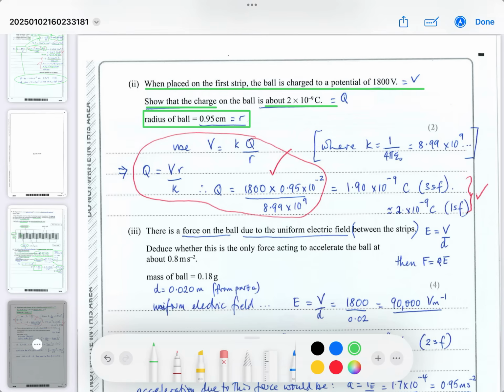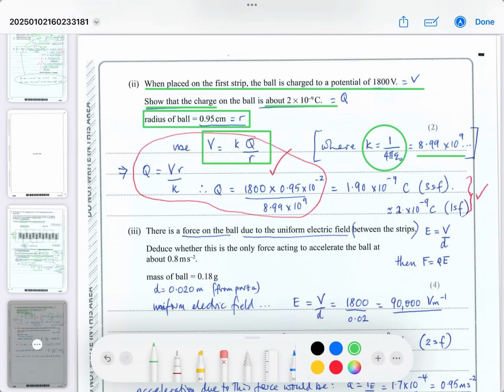Now, you've got to use V equals kQ over r, where k is equal to 1 over 4 pi epsilon naught. It's always a good idea to use this value instead of working out 1 over 4 pi epsilon naught yourself, because they've done it for you and they're giving it to you on a data sheet. 1 over 4 pi epsilon naught always comes to 8.99 times 10 to the 9.